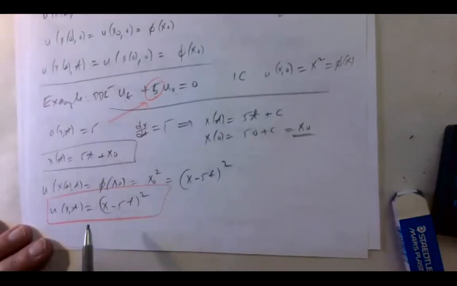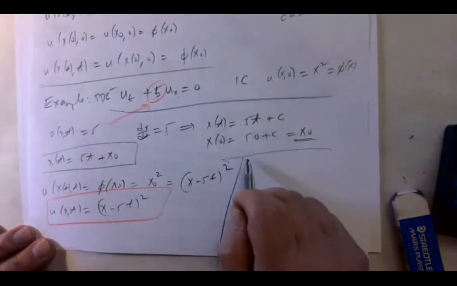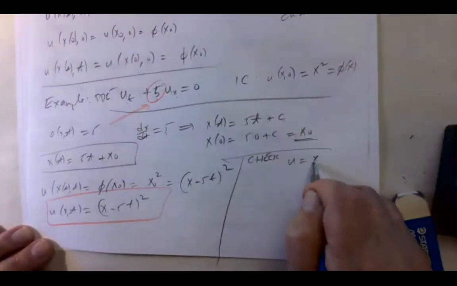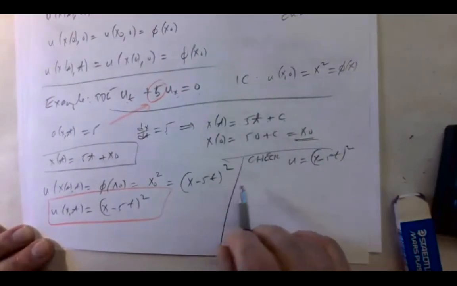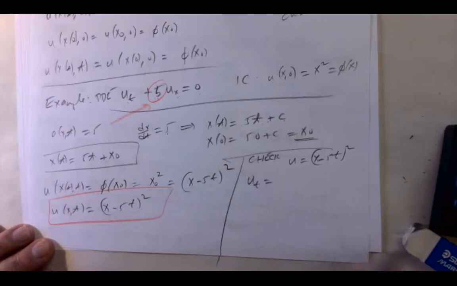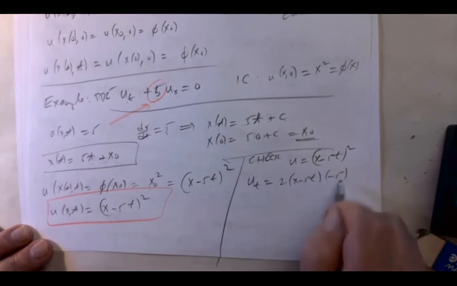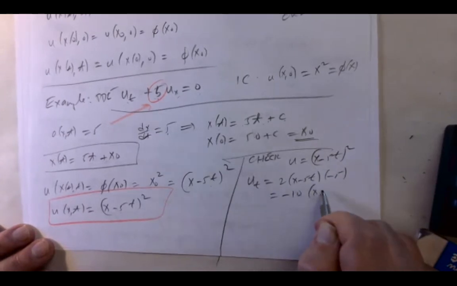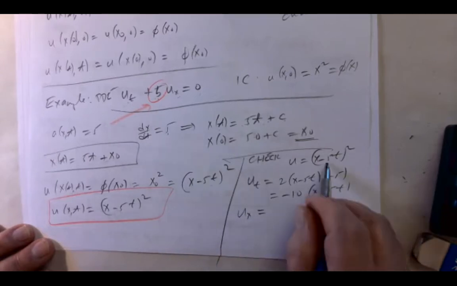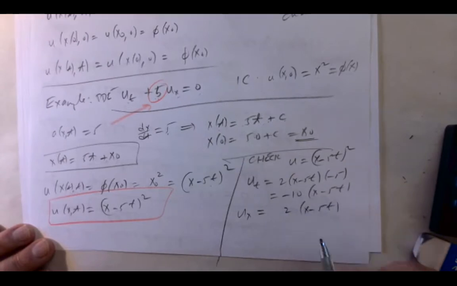Okay? So if this is correct, well, let's check. Suppose u is x minus 5t, squared. If I differentiate with respect to t, I get 2 times x minus 5t times minus 5, which is minus 10 times x minus 5t. If I differentiate with respect to x, I get 2 times x minus 5t.